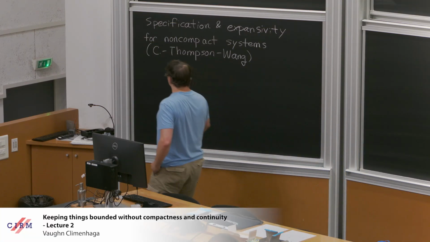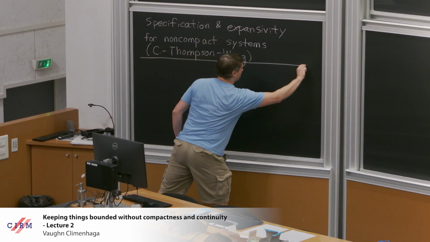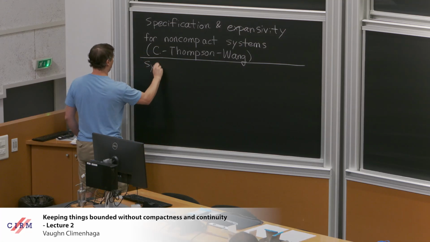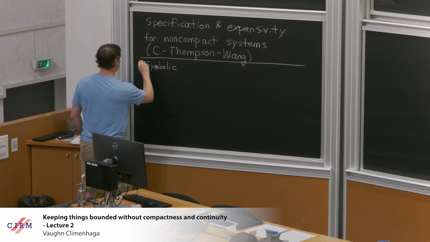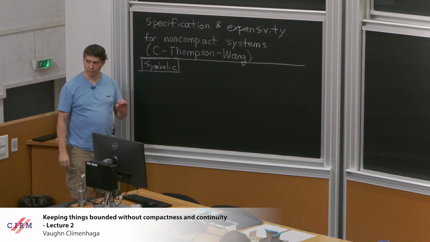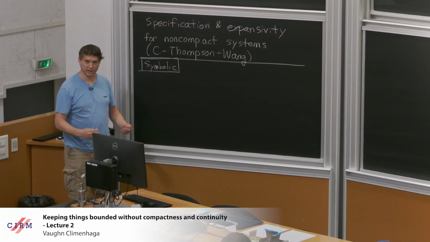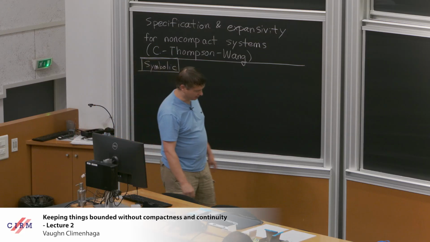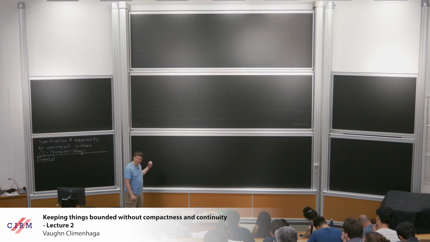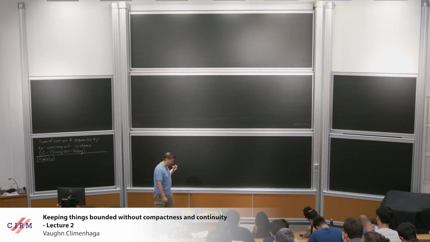So let me start by recalling the story in the symbolic setting, to set up notation and ideas. And then I'll say how things work in the setting of compact systems, which are not symbolic. And then eventually I'll say what you have to do in the non-compact setting.